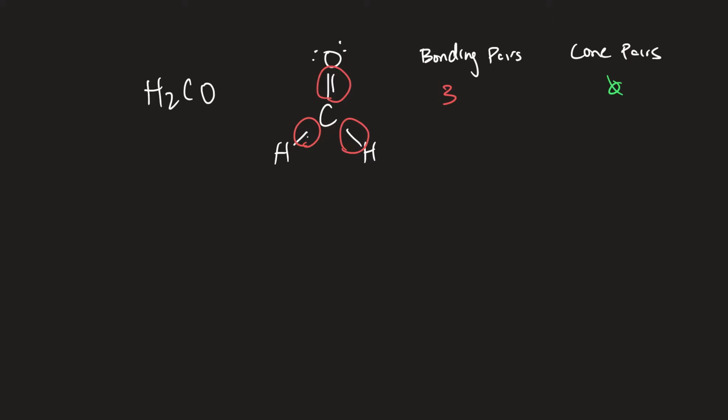Knowing this, all molecules that typically have these set numbers of bonding pairs versus lone pairs pretty much have the same geometrical shape. The geometrical shape in this case is what we call trigonal planar.